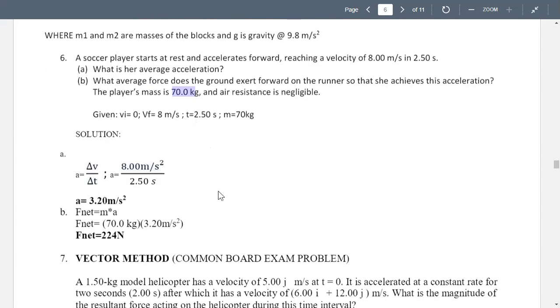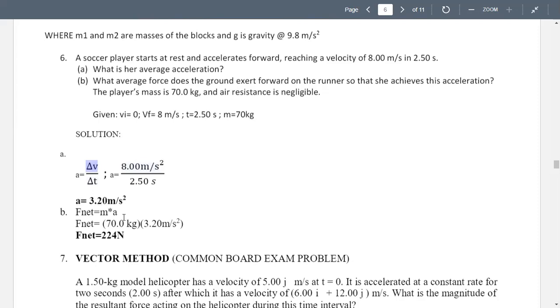So how are you going to solve for the acceleration for letter A? Your average acceleration, okay, from our previous discussions, is equal to delta v all over delta time. Hence, your acceleration here, 8 minus 0 all over 2.50 minus 0, makes it 8 all over 2.50, or 3.20 meters per second squared.